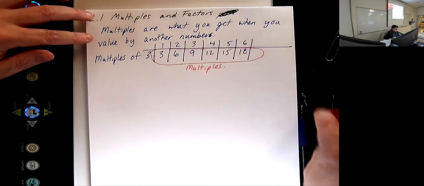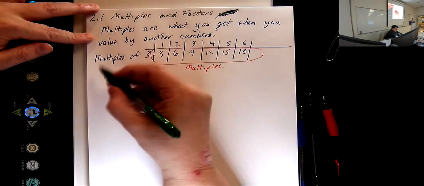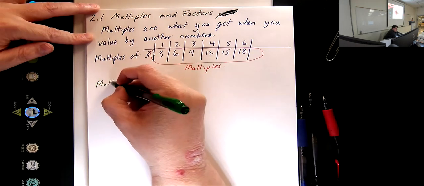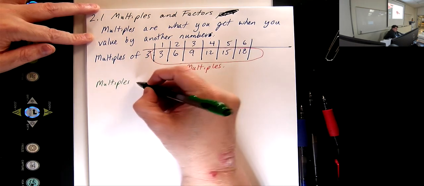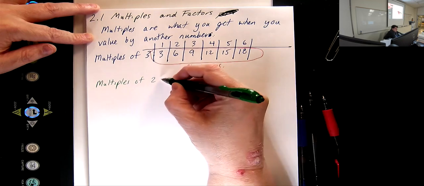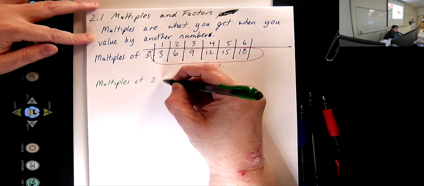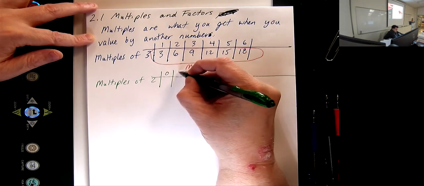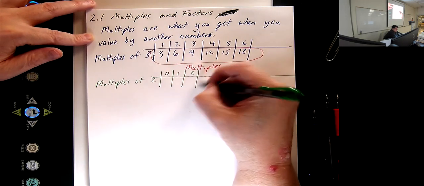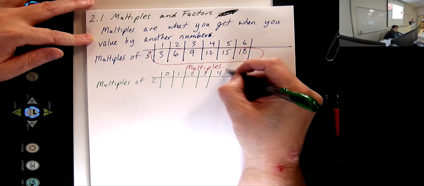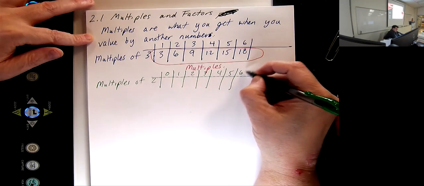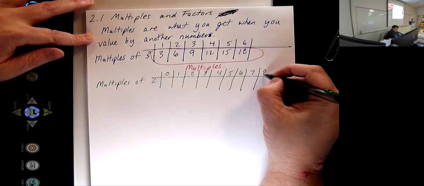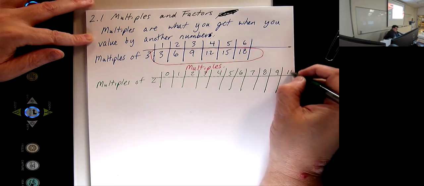If I do multiples of 2, and I'm going to for a very specific reason, I'm going to multiply by 0, 1, 2, 3, 4, 5, 6, 7, 8, 9, and 10.